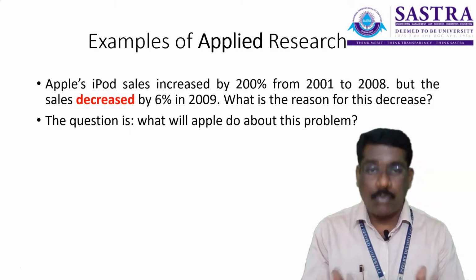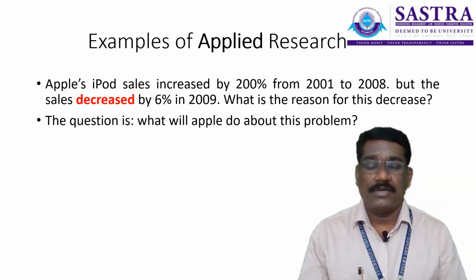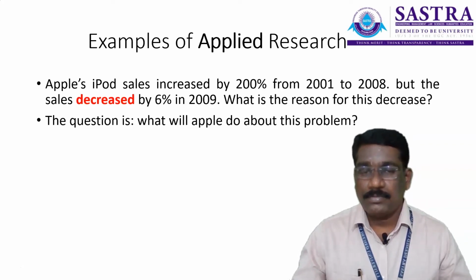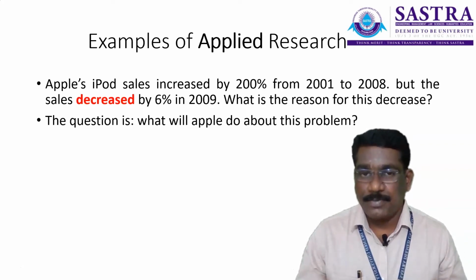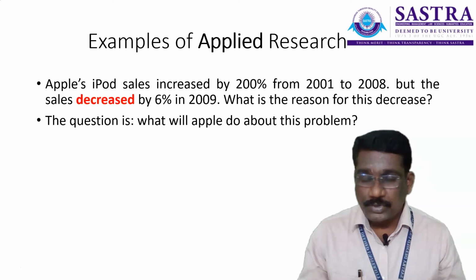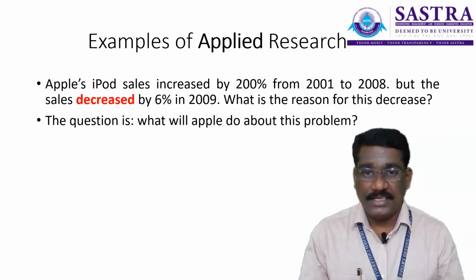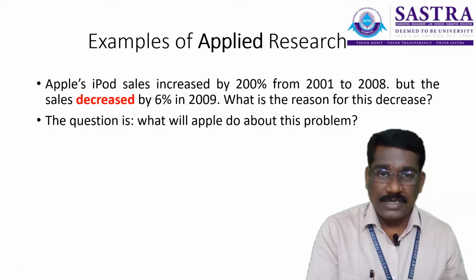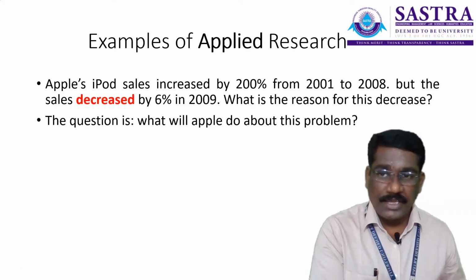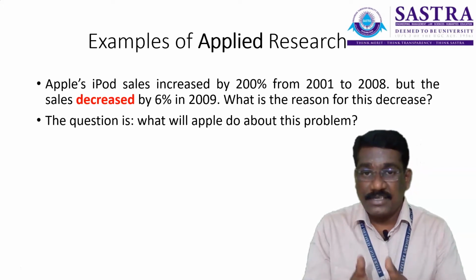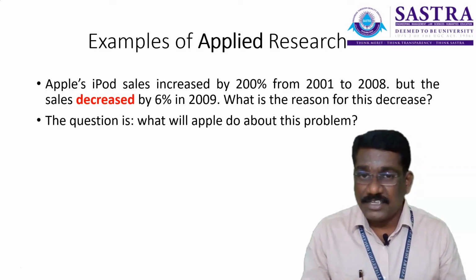Thereby, there is scope for research, right? We need to put the research process into a real-time situation: why did sales increase by 200 percent from 2001 to 2008, but decline by 6 percent in 2009?